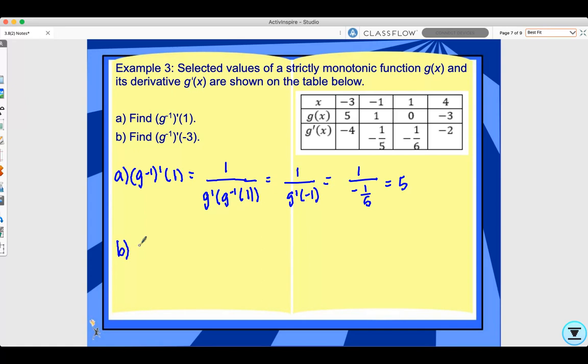Let's go ahead and do B. Same process. We need to find the derivative of g inverse at -3. So it would be 1 over g prime of g inverse at -3.